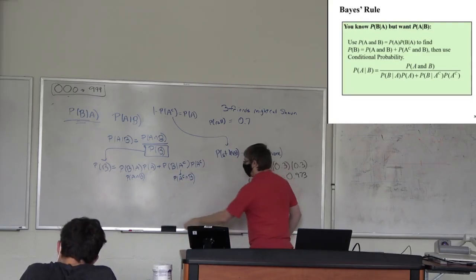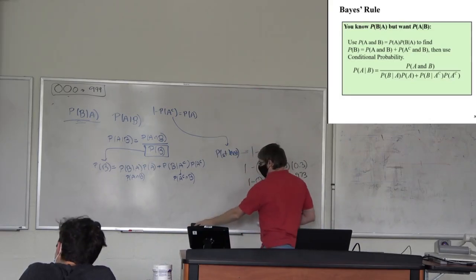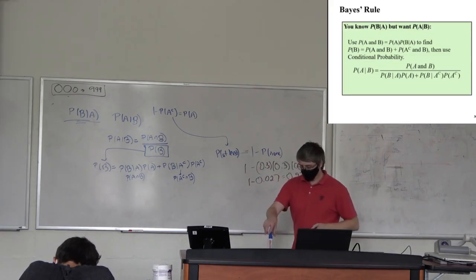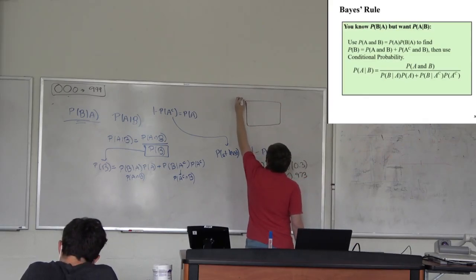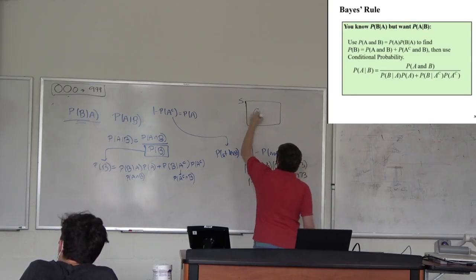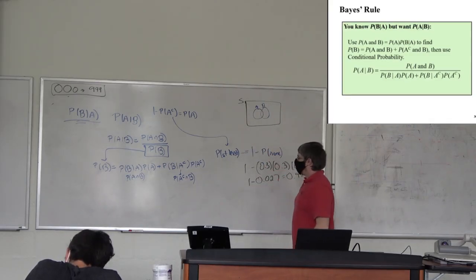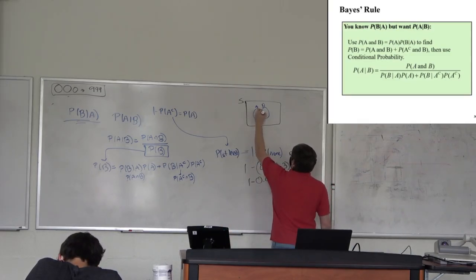And so in the type of Venn diagram case, we have S here, and we have A, and we have B. And so if we have the intersection between A and B, we have this right here, this whole section.